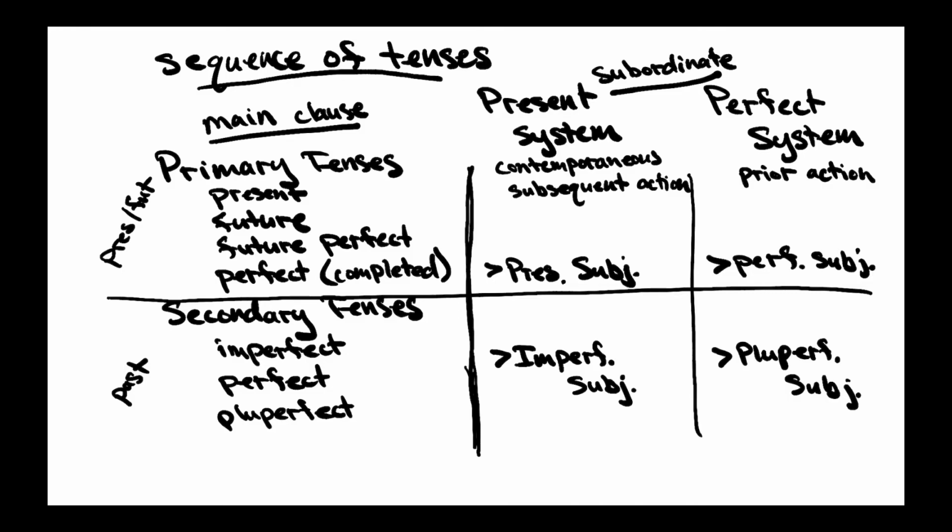Contemporaneous action is in the present or the imperfect subjunctive. Also subsequent action. So that can show some kind of a future sense. Okay? It can have kind of a future sense to it. All right. So I'm going to do one more kind of illustration, and then we'll talk about the individual clauses themselves, and then we'll be done.